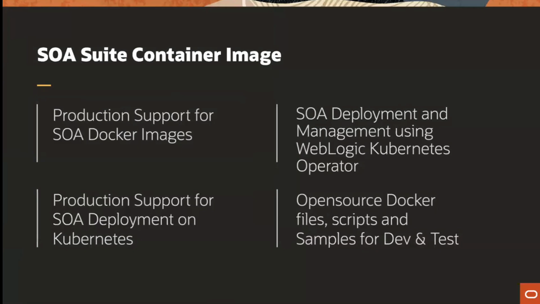And the other image that's available is the container image. The container image was released in 2020. It gives you the ability to deploy it either standalone, for development or unit testing, or in a Kubernetes cluster, and we provide production support for that.